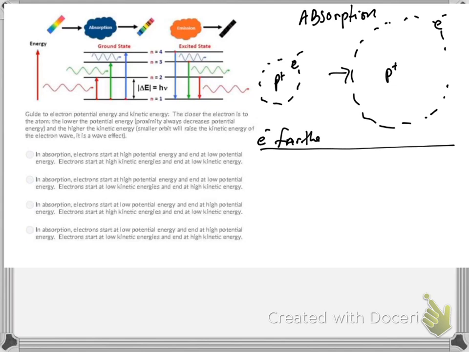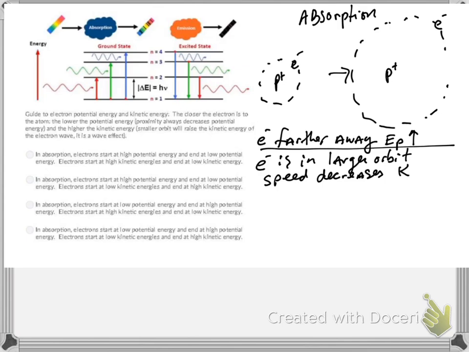So the electron is farther away, so the potential energy must go up. If the electron is now going from a smaller orbit to a larger orbit, the speed is going to decrease and the kinetic energy goes down. So in absorption, potential energy goes up, kinetic energy goes down.